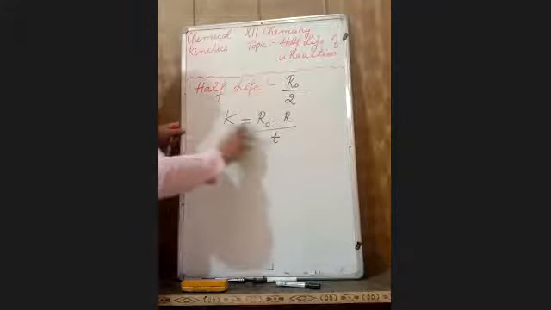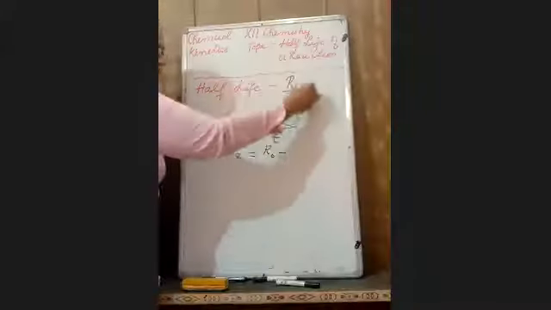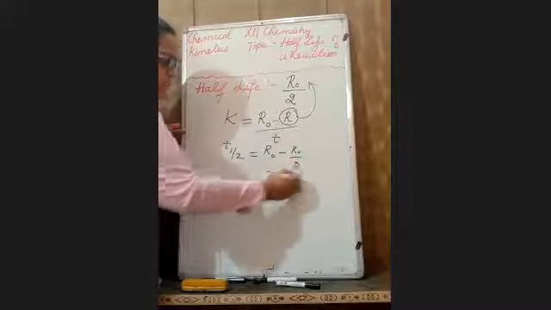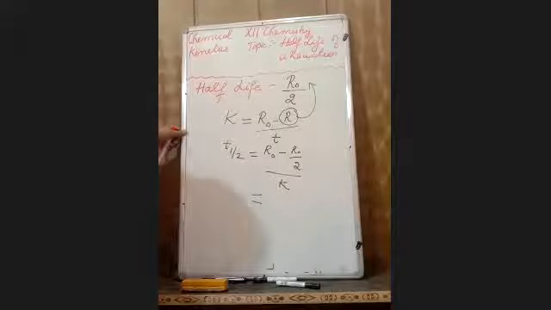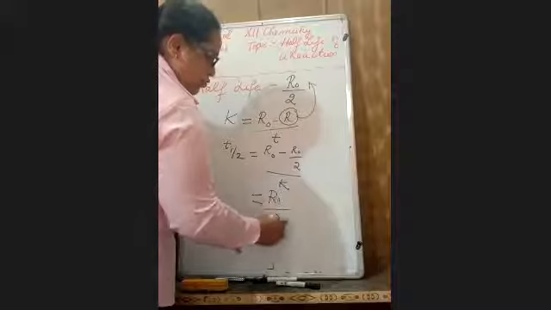Fine. Now I have to calculate T half. You know at 50% it is R naught over 2 by K. So it comes out to be R naught by 2K.